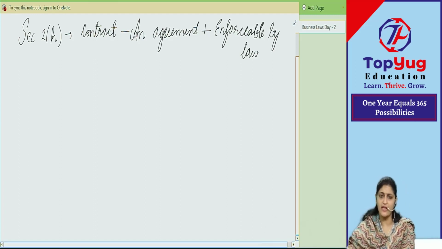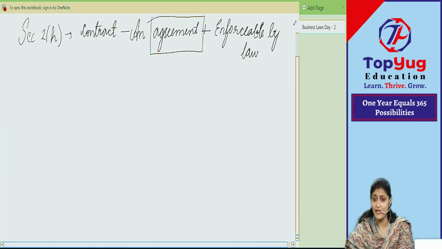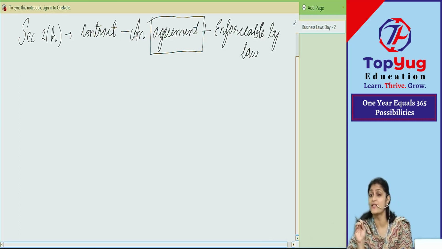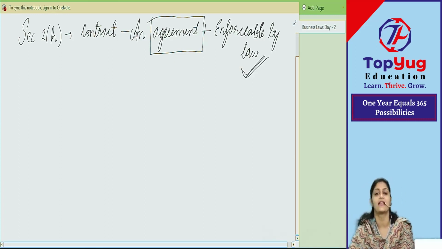Now, in your last class, I think you're clear with what you mean by agreement. And you're also clear that if it is an agreement, you cannot say that it will definitely be a contract. It can be an agreement, but it is not a contract. Why? What is missing in that? Enforceability of law is missing in that.